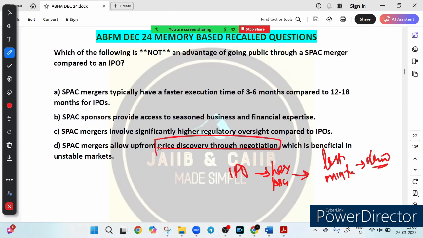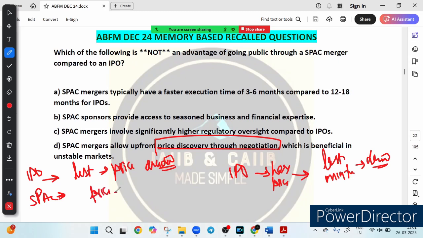For example, if you sell your house through an IPO, you list it and the price is decided based on last-minute offers. But with the SPAC option, the price is locked earlier with a direct buyer, avoiding market ups and downs. So SPAC is not vulnerable to market ups and downs.